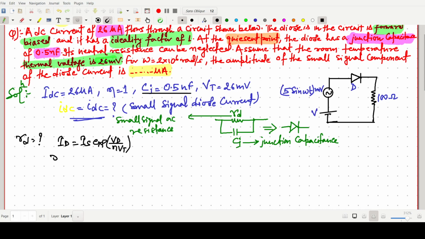If we differentiate this diode current with respect to Vd, it gives IS exp(Vd by eta Vt) into 1 by eta Vt, simple differentiation. And this term is nothing but simply ID by eta Vt.